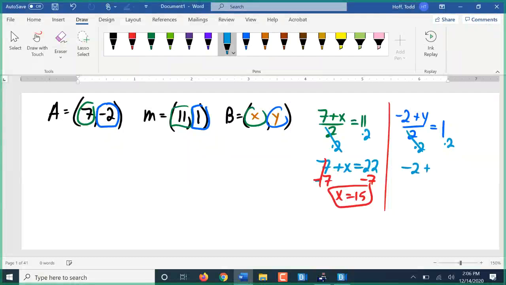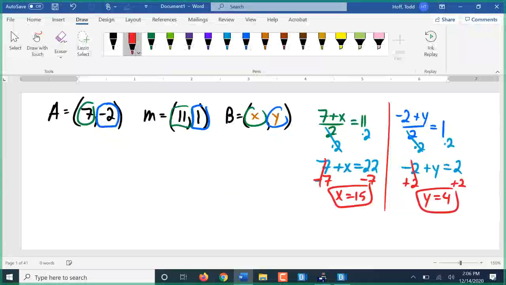So negative 2 plus y equals 1 times 2 is 2. And I'm going to add 2 to both sides. Y equals 4. So that gives me the coordinate here for B. For B, x equals 15 and y equals 4. Let's do one more example of that before I have you try one on your own.